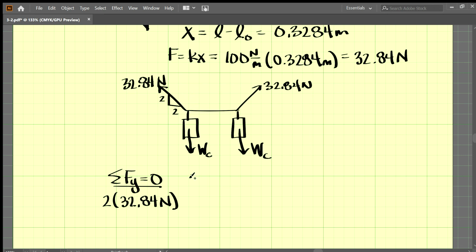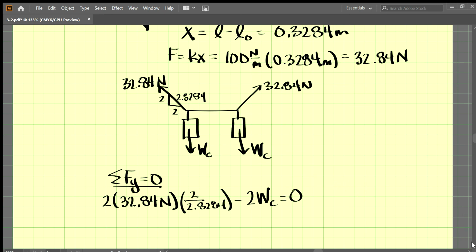So we need the component of that, which is 2, the vertical component, over the hypotenuse, 2.8284. So it's 2 divided by 2.8284. And for the downward forces, we have 2 times the weight of one cylinder, and that is equal to 0.